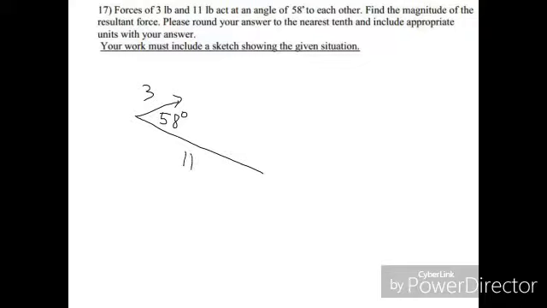What I'm going to do with this is make a parallelogram. The resultant force is this force. That's the force that we're trying to figure out the magnitude of to the nearest tenth. Include appropriate units, which will be pounds.